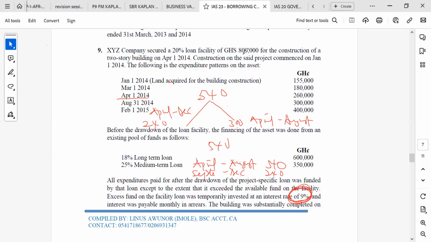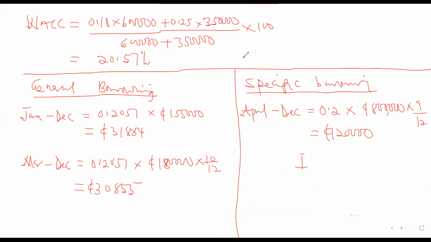Okay, so let's look at the investment income. For April to December for 240, that will be 0.09 times 240,000 times April to December, which is how many months?